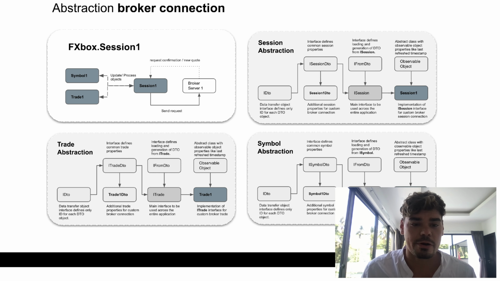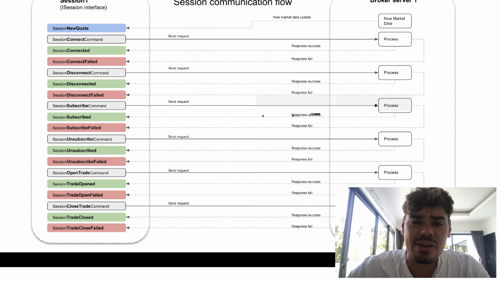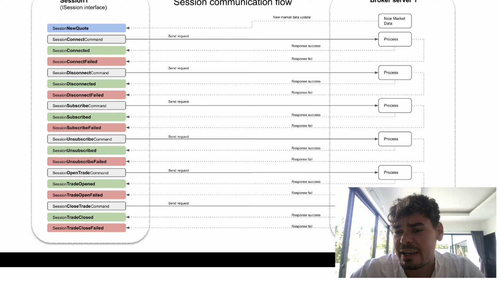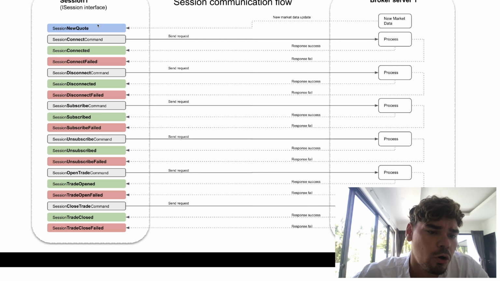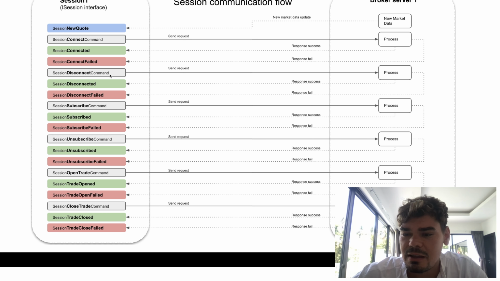Anyway, let's move forward. Another diagram that I made was the session communication flow. On the left side, you can see all the event names and the session commands. I think this was also an event. To give you an example, let's say we are invoking the session connect command.